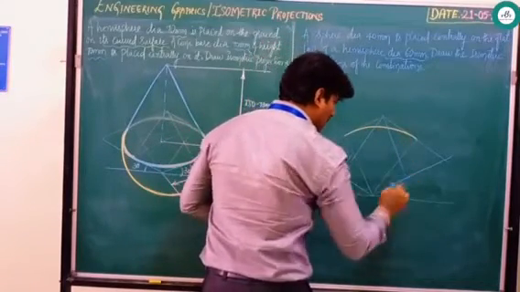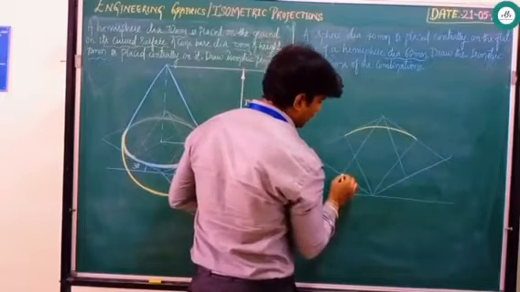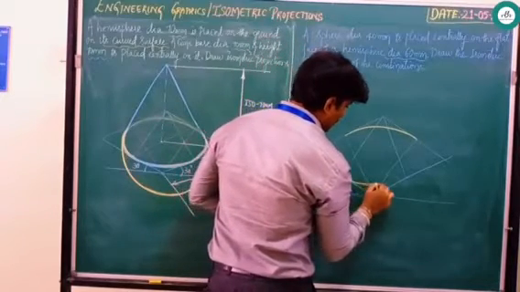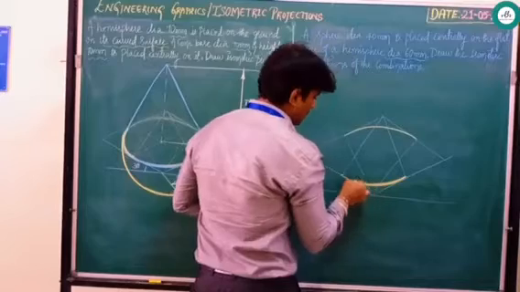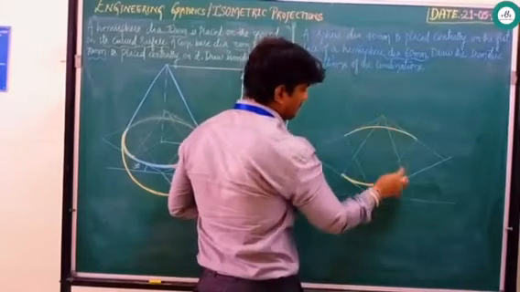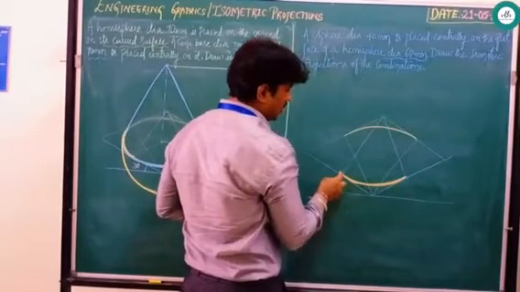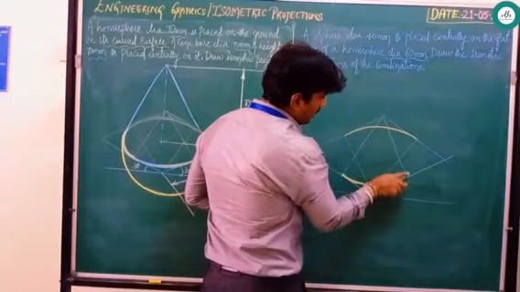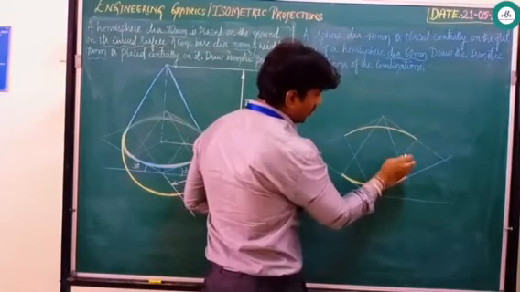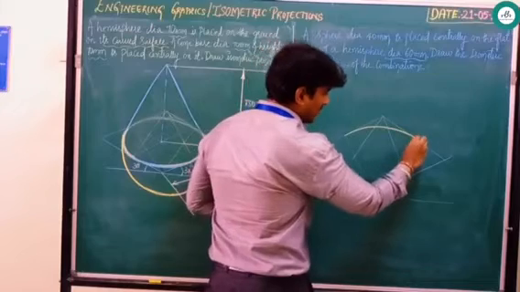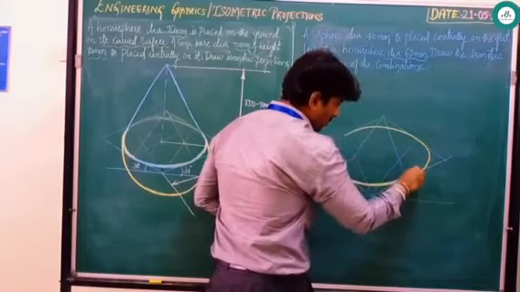Have a look, whatever I am drawing is with a thin line. The constructions should be drawn with a thin line. As usual, with this as a center and this as a radius, draw this curve. The intersection of these two points is somewhere here. With this as a center and this as a radius, draw one more curve this way.